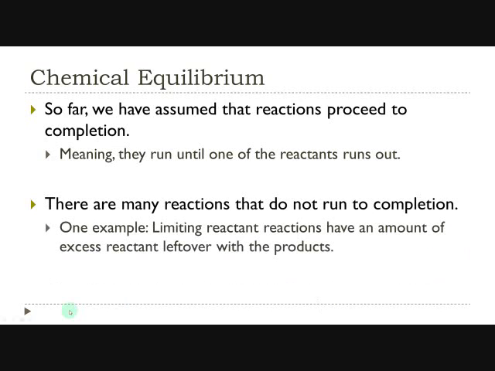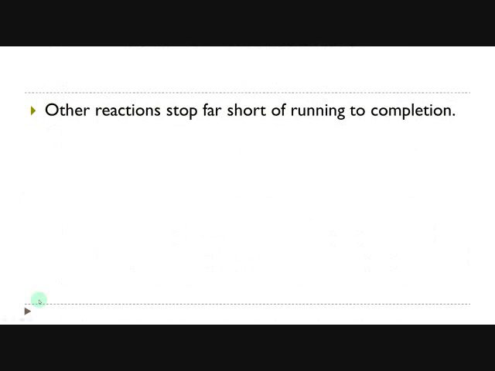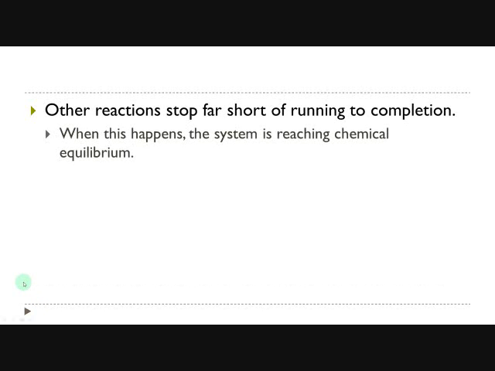One example is limiting reactant reactions, which have an amount of excess reactant left over with the products. Technically that is not run to completion since some reactant is left over. So equilibrium helps us to see this. There are other reactions that stop short of running to completion.